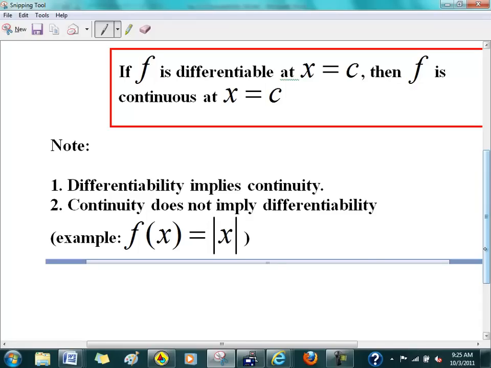Again, everybody understand the word differentiability, right? Does someone want to explain to me in simple language what that means? Anybody? Eric? You're smiling. You got it. I thought you guys told me you got it.